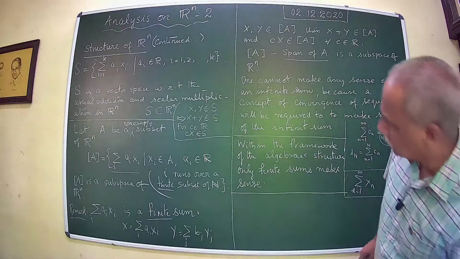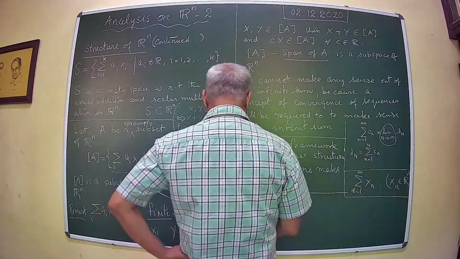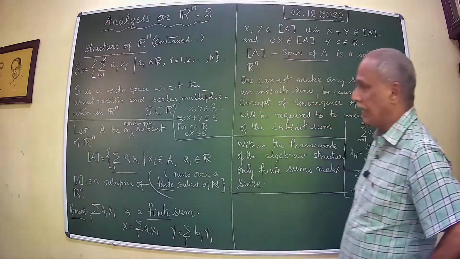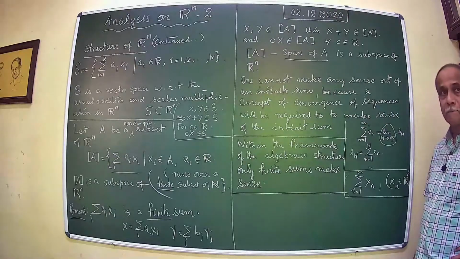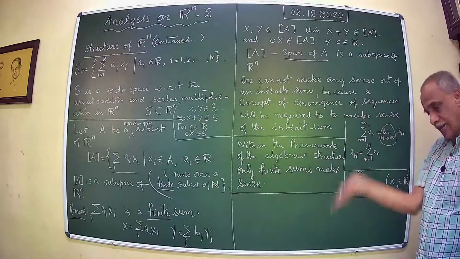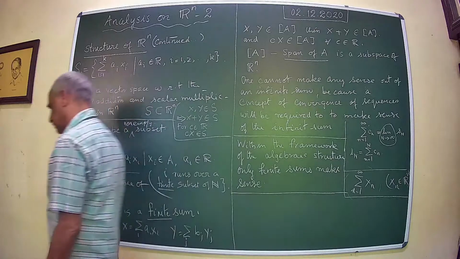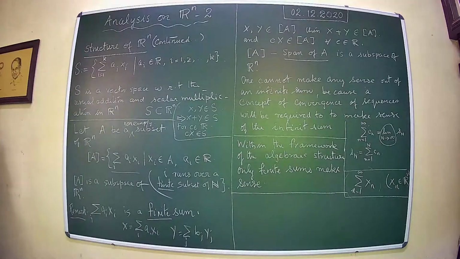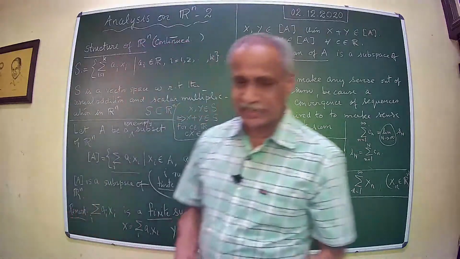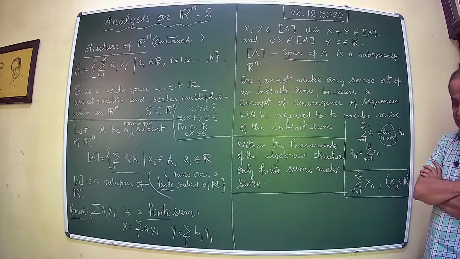So we have introduced what is called a spanning set. So there exists a spanning set in R^n. At least the whole R^n is a spanning set for R^n. It's not smaller. But with the help of addition and scalar multiplication, we can reduce this number drastically.